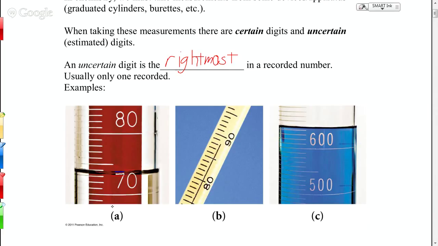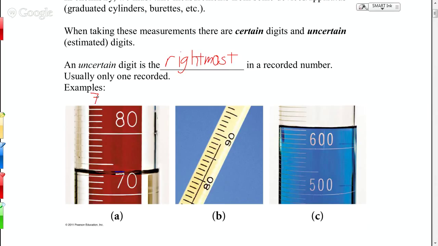So in this case, I know that it's greater than 70, right? Everybody see that this measurement is greater than 70 but less than 80. So we can be pretty sure that that first digit is going to be a 7. Do you all agree with me there?